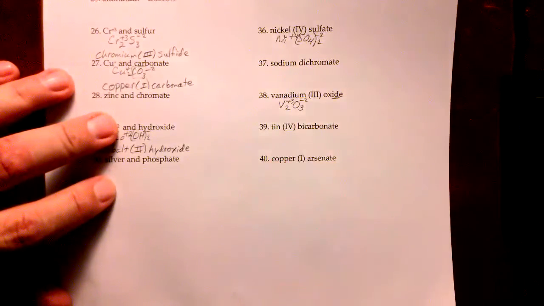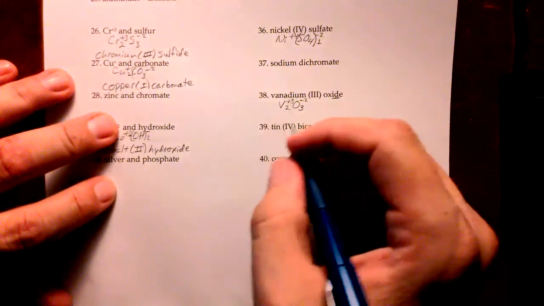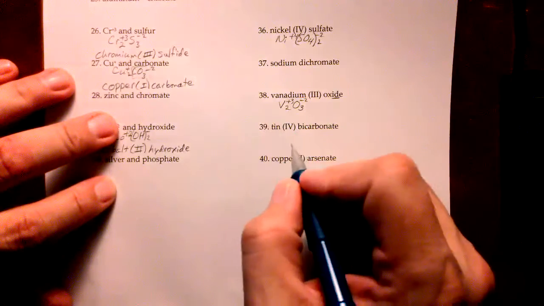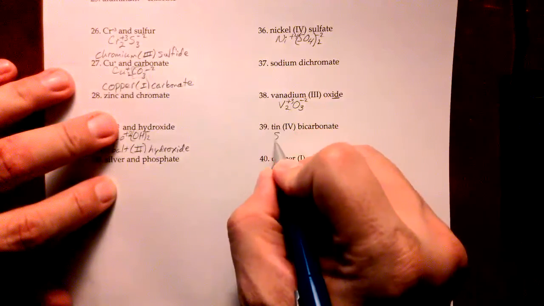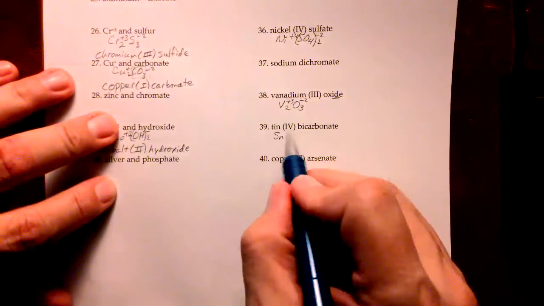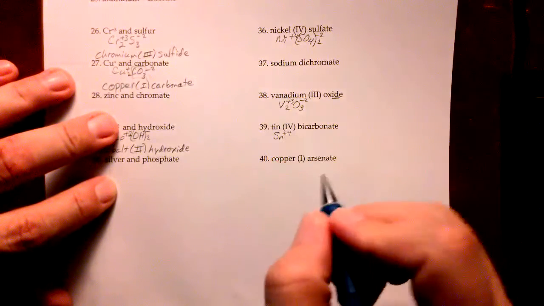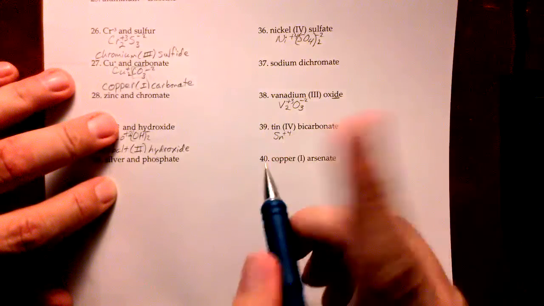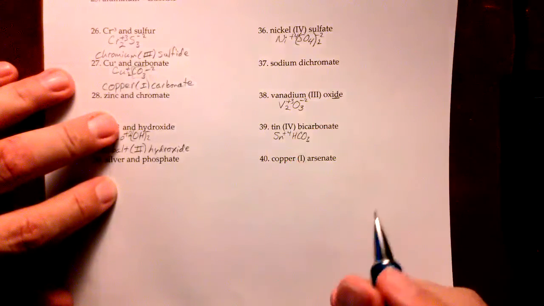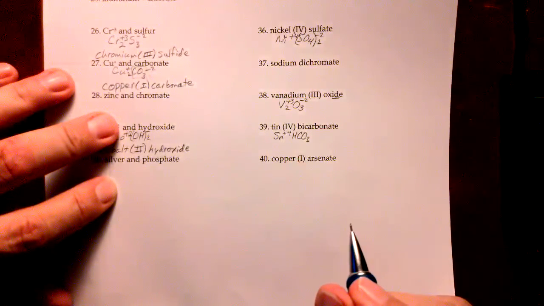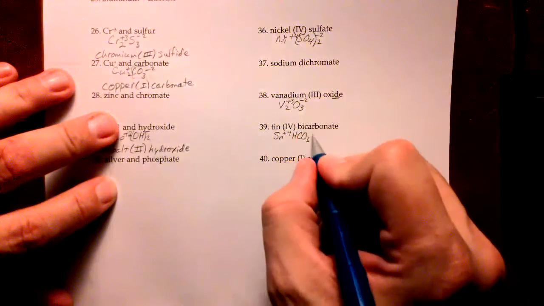Tin. Now, tin has been known for a very long time. So its name also comes from the Latin, which is stannum. So the symbol is Sn. Now it's +4, and bicarbonate is on your ion chart, and it's HCO3, and it's -1.